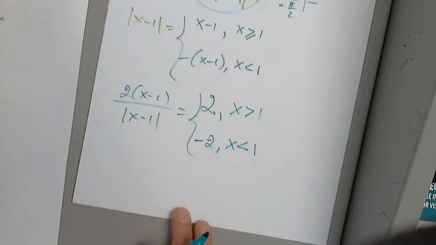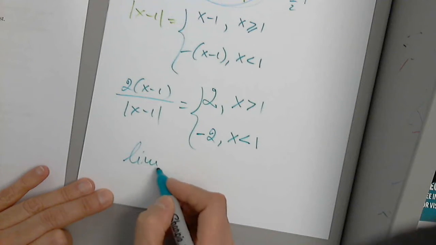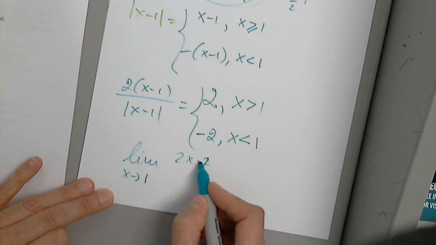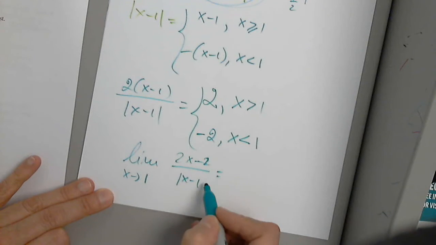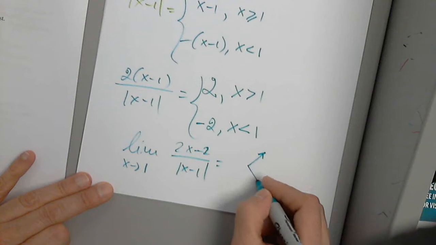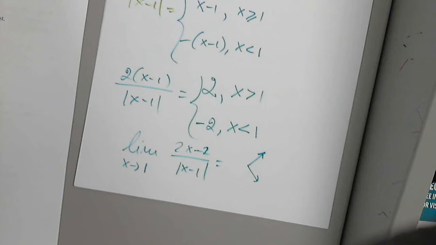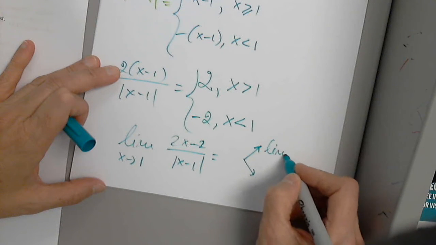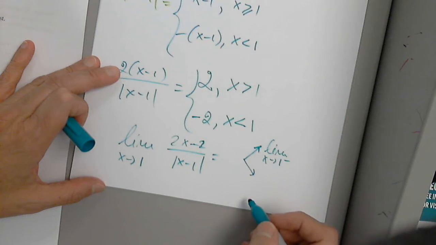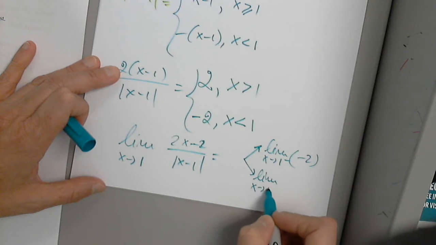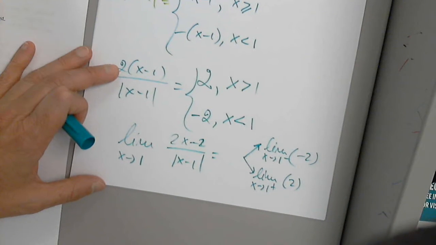And now I can determine any limit. So the limit was, as x approaches 1 from either side, of 2x minus 2 over the absolute value of x minus 1. In order to have an answer here, I have to determine both limits. I'll say that the limit as x approaches 1 from the left is negative 2, and the limit as x approaches 1 from the right is 2.